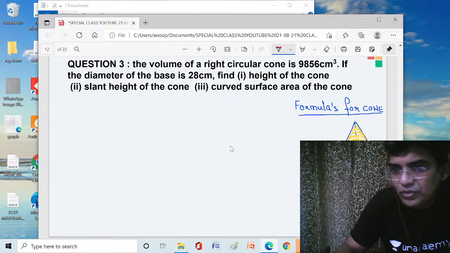So see how many formulas we have got here. We have got this formula which is relating the three dimensions. We have this formula which is for the volume. We have this formula which is for the curved surface area, and then we have this formula for the total surface area.